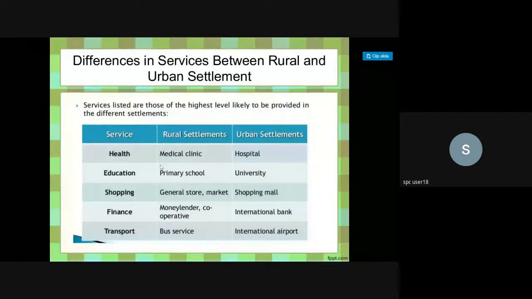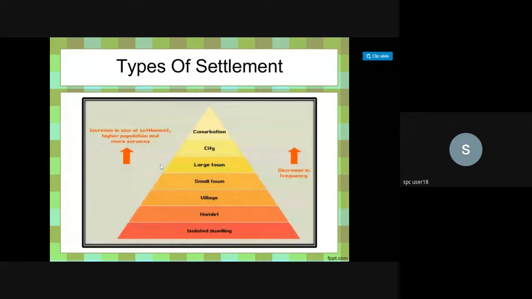You would not have that in any rural areas. In fact, in many towns in Maharashtra, the state transport runs the local bus system instead of having an exclusively separate local bus system. So these are a few differences of services that you would see between rural and urban areas.